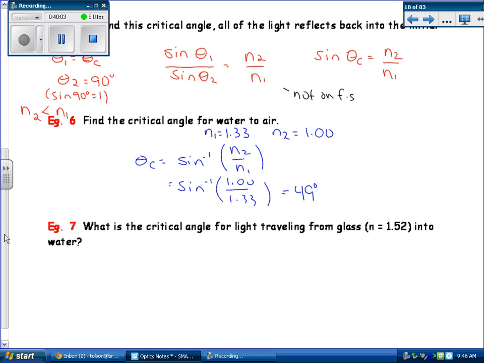So that means that at an angle bigger than 49 degrees, all of the light trying to leave water into air is trapped in the water. So the angle that was coming out there was at least 49 degrees. Not the angle it's coming out at, but the angle that the light was hitting the water at when it started to bend.